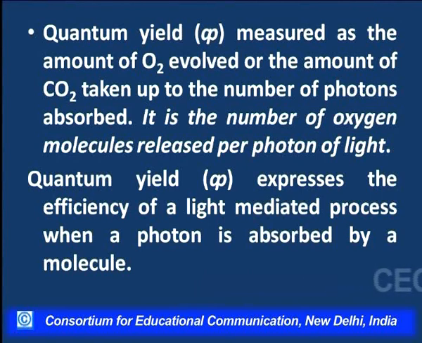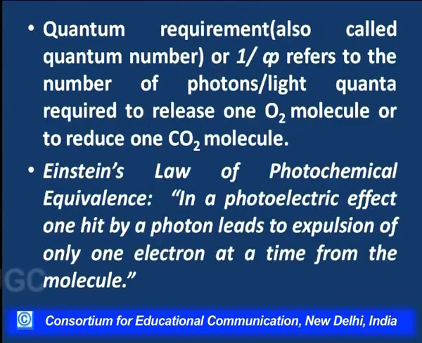So it is this quantum yield which expresses the efficiency of light whenever a photon is absorbed by a molecule. Whereas quantum requirement is inversely proportional. It's the opposite of the quantum yield, so it is 1 by phi.